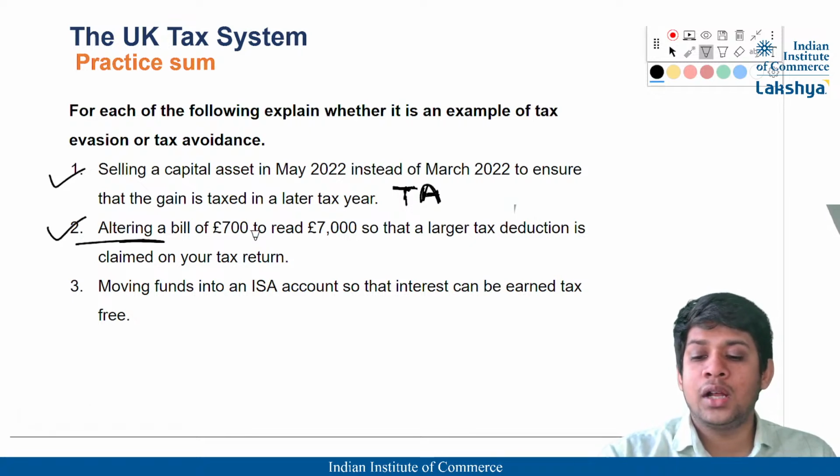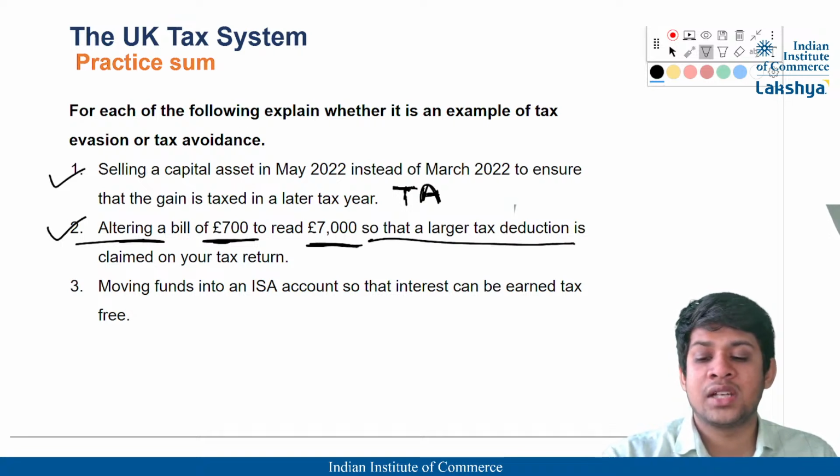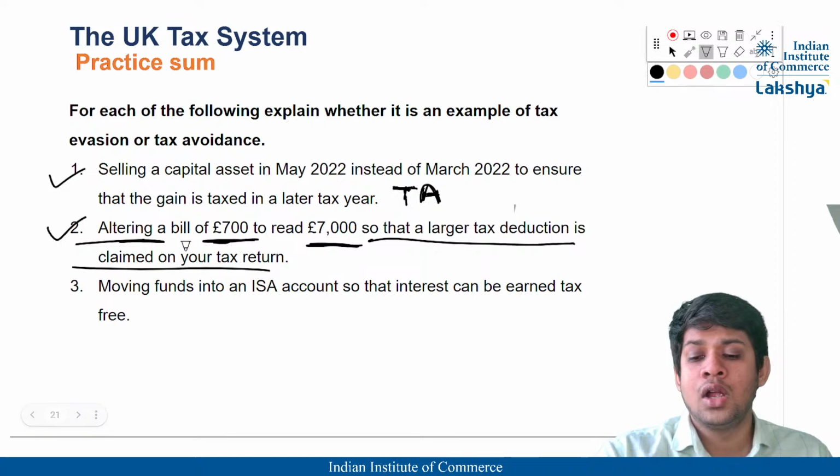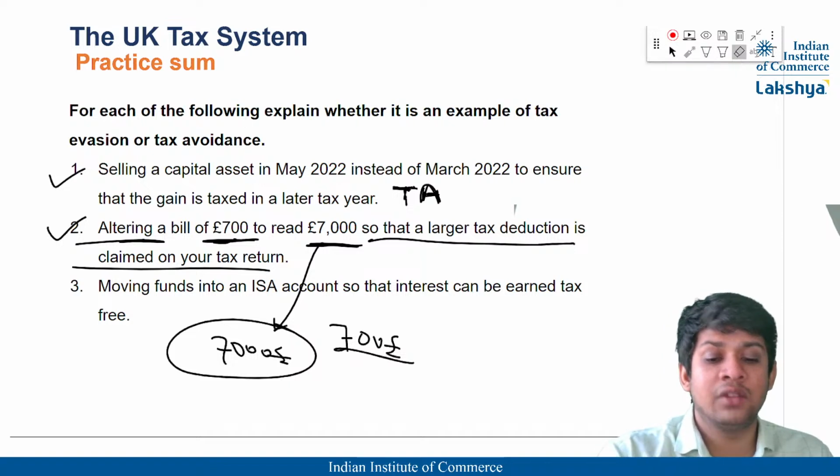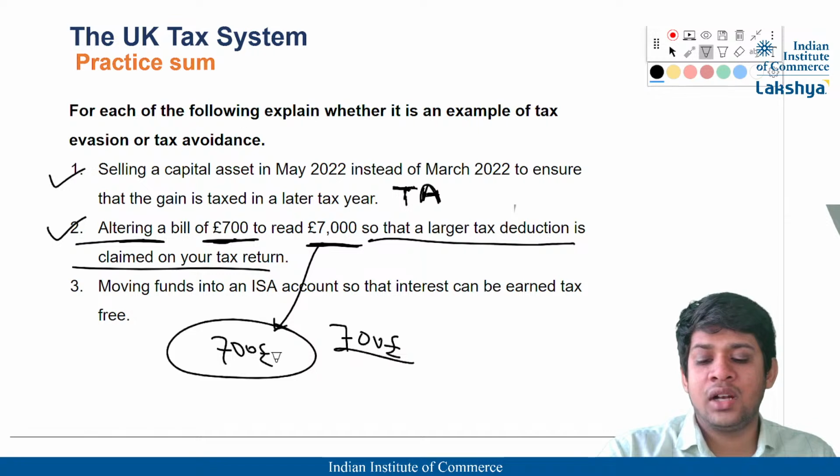Second one, altering a bill of 700 pounds to read 7,000 pounds so that a larger tax deduction is claimed on your tax return. Sorry, the bill is of 700 pounds.